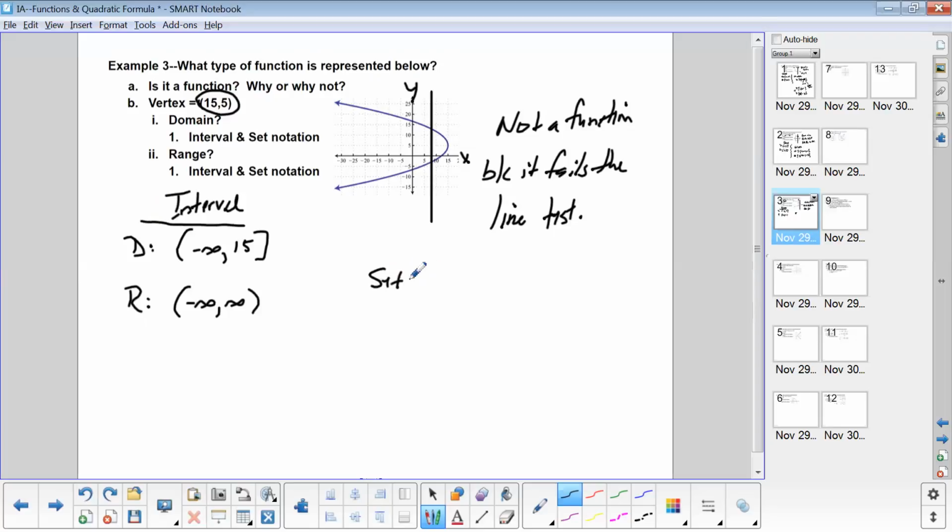And then our set notation would be the set of all values x such that x is less than or equal to 15.